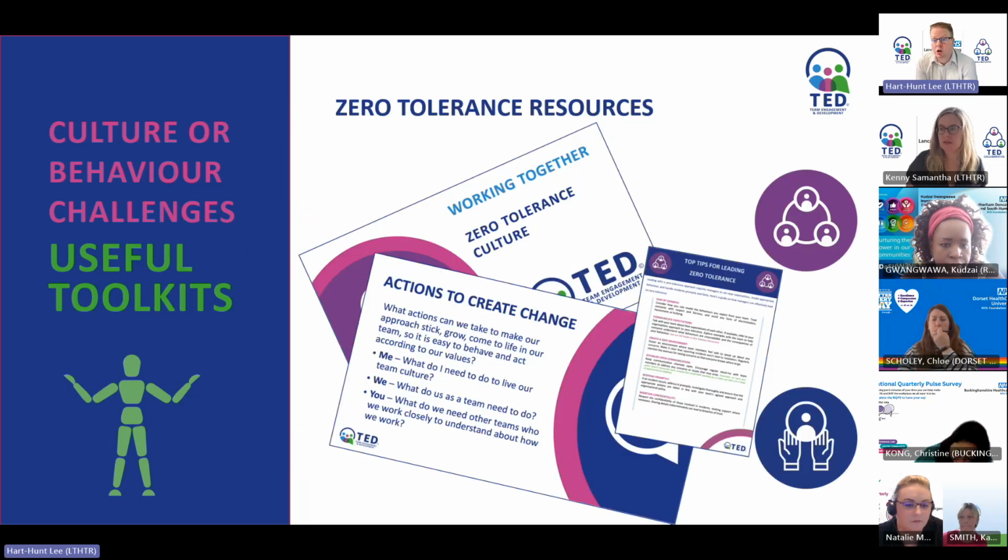So in terms of useful toolkits and some that we've developed specifically for these types of teams, first off, I mentioned earlier about our zero tolerance resources. These are quite new into TED. I think only in the last 12 months we've added these in there. But these resources ask teams to explore behaviours that could be letting them down.